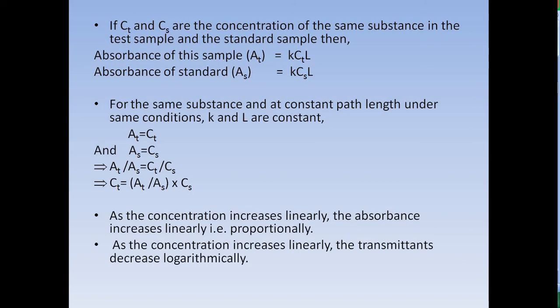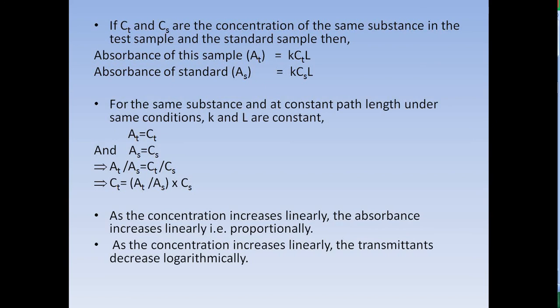If CT is the concentration of the test sample and CS is the concentration of the standard, then the absorbance of the test sample AT will be KCTL, and the absorbance of the standard AS will be KCSL.